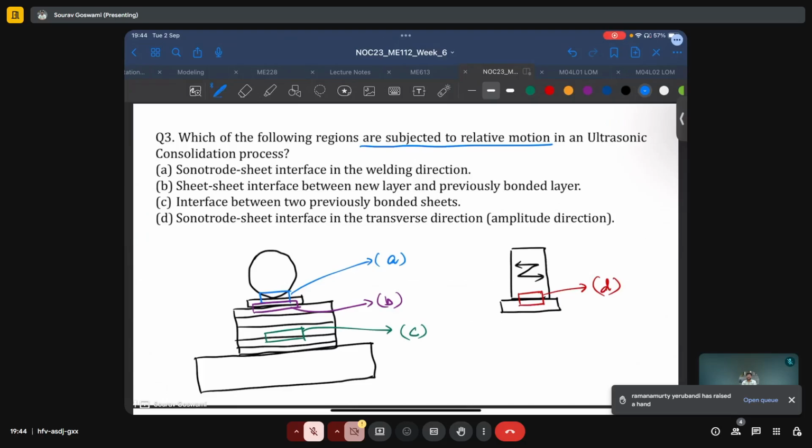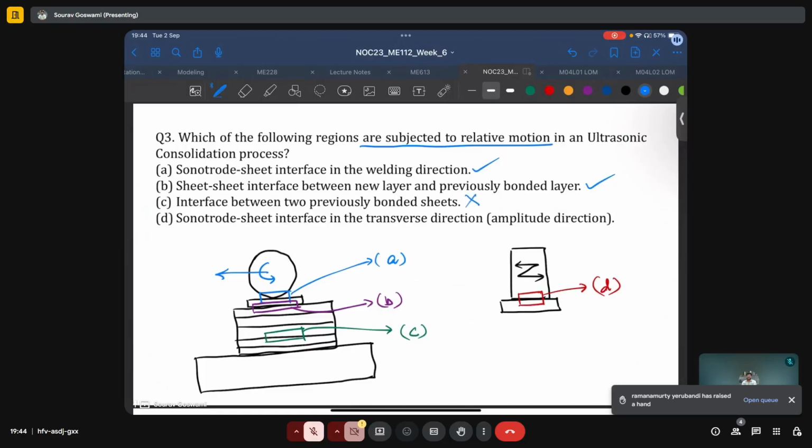So we know that the sonotrode sheet interface in the welding direction will have relative motion because this will rotate and move forward, and so there will be a relative motion, so A is correct. The sheet interface between new layer and previously bonded layer is also needed because here we need to break up the oxide layer and expose the pure metal surfaces for diffusion bonding. The interface between two previously bonded sheets, such as one shown in C, should not undergo relative motion because it will lead to destruction of the already bonded layers.